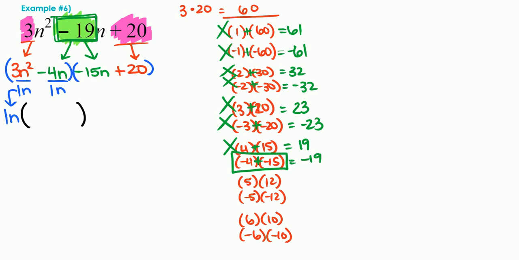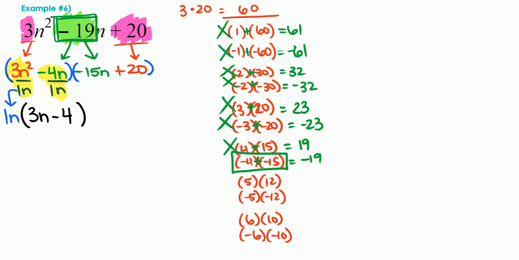So taking that 3n squared, dividing it by 1n. Well, 3 divided by 1 is still 3. N squared divided by n leaves me with just n. Moving next, I have negative 4n divided by 1n. First dividing negative 4 divided by 1 is still negative 4. N divided by n will cancel out, so I don't even need to write that anymore.